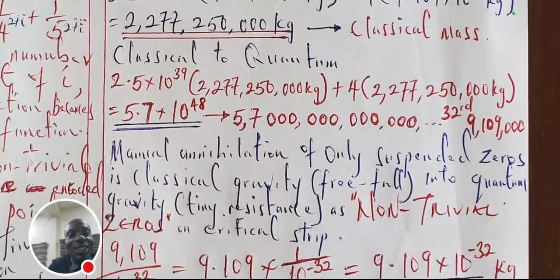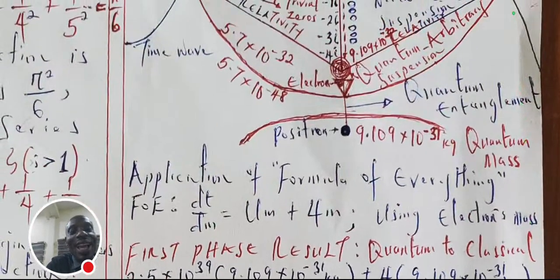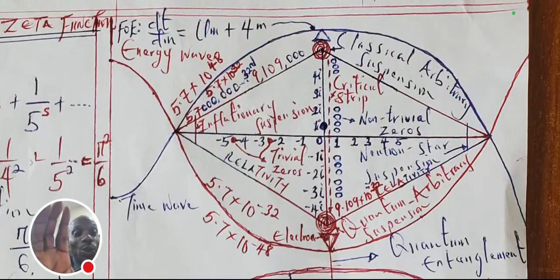Manual annihilation of only suspended zeros is classical gravity free fall into quantum gravity tiny resistance as non-trivial zeros on the critical strip. Now, the moment that we annihilate the suspended zeros, because we are only annihilating the suspended zeros, there will be no force exerted on that trajectory. So there will be no force at all.